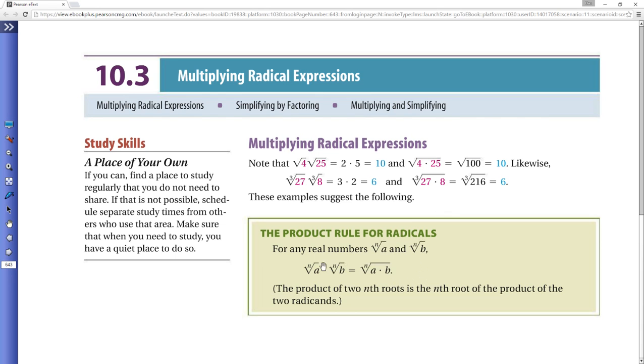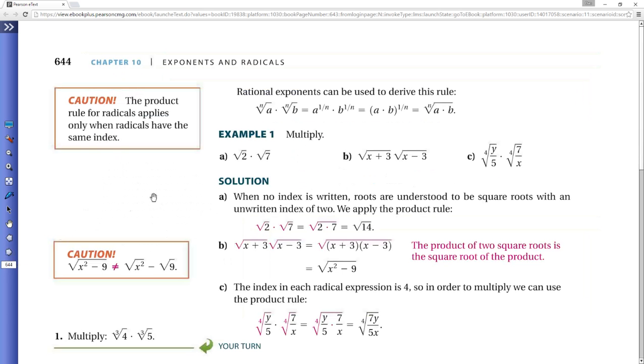But like I said, they're going to give us the rules with the radicals, and we're going to go through some strategy really using that rule. And they have some cautions here right away. The product rule for radicals applies only when the radicals have the same index. Or in other words, if we were talking again about exponents, it would be the same exponent and so on. But that's a common error.